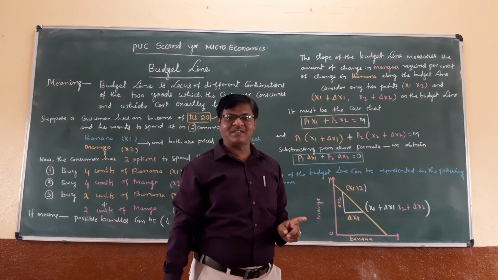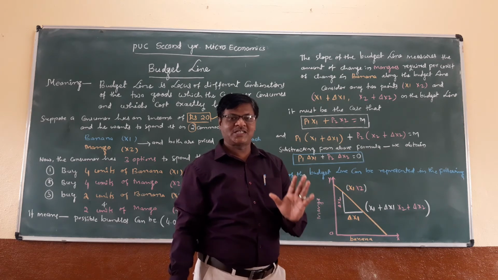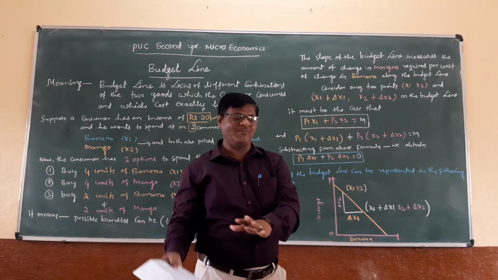The price of x1 and the price of x2 together are equal to income.